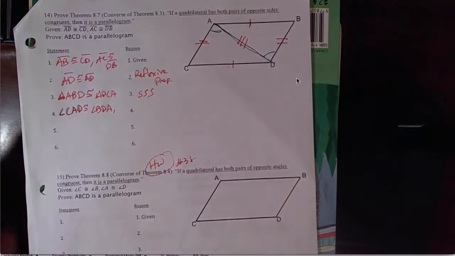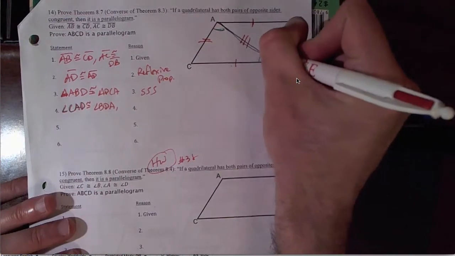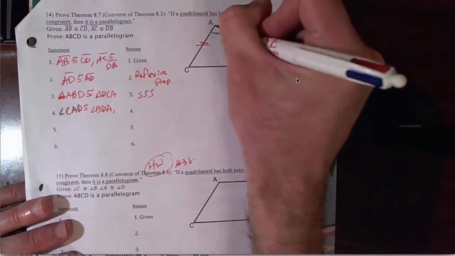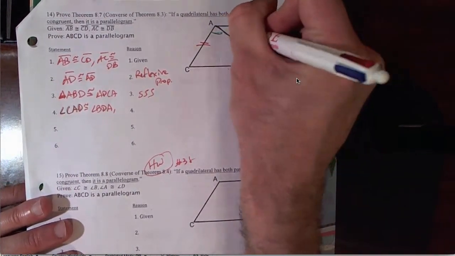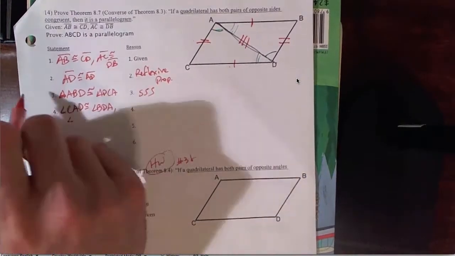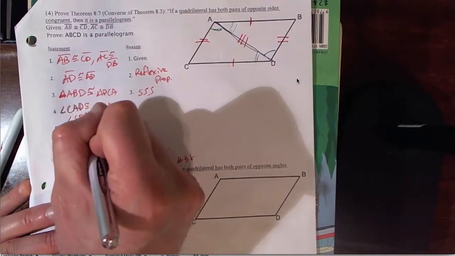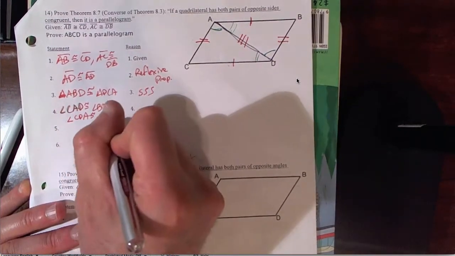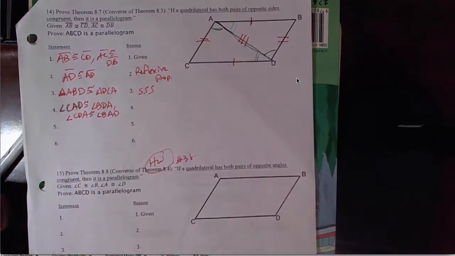And also this angle here, double arc, is congruent to this angle here. And so that would be angle CDA is congruent to angle BAD.